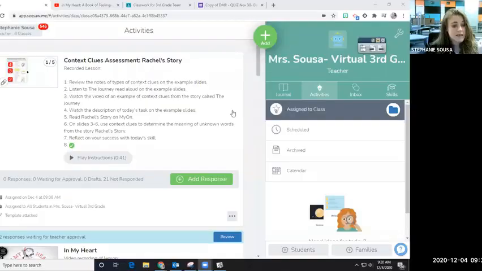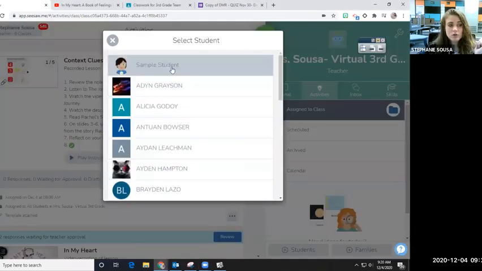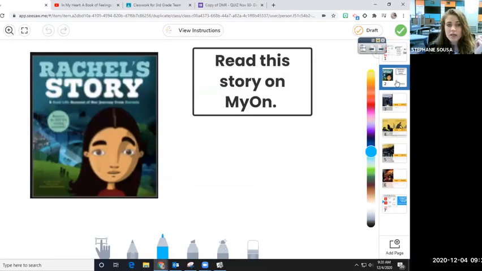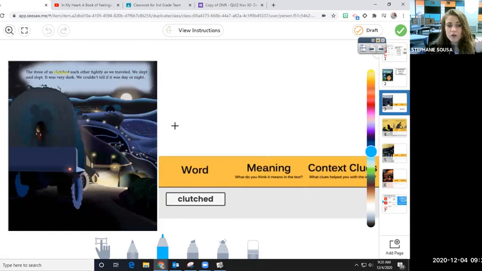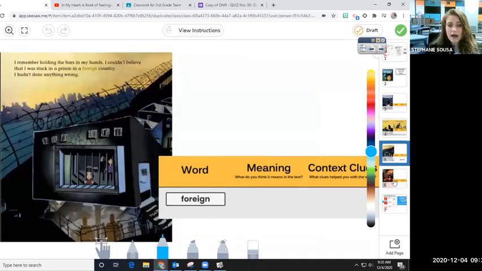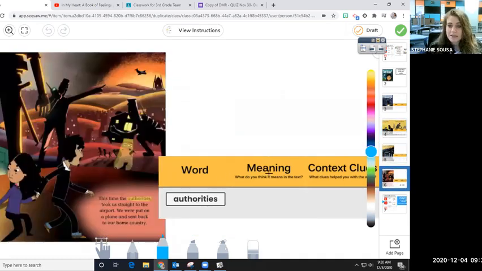So you will get onto Mayan. You will read Rachel's story. After you read Rachel's story, you'll click on Add Response, and you'll work through the slides just as we have. There's a word identified on slide 3, on slide 4, on slide 5, and on slide 6, okay?